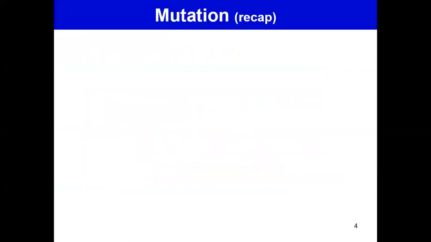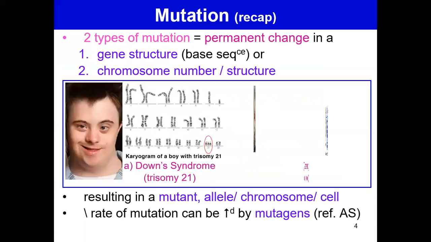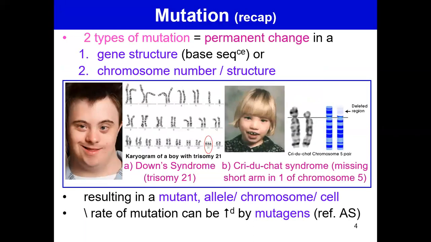So of course, this is a recap of all you've learned about mutation. This is in your AS slides. You can read this on your own. I will go through very quickly because you've learned it, okay? So when you talk about mutation, there are 2 types of mutation, either mutation of the gene or mutation of the chromosome.